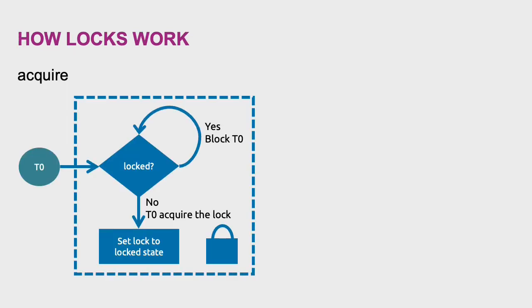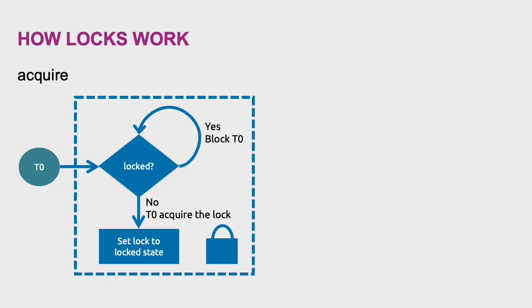How does the lock work? Well, as we said before, actual implementation of locks requires special operations and support from the operating system. In the following, we would like to just give an idea of the model of the lock.